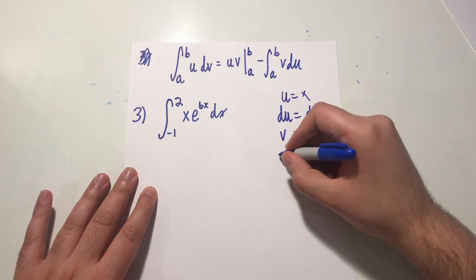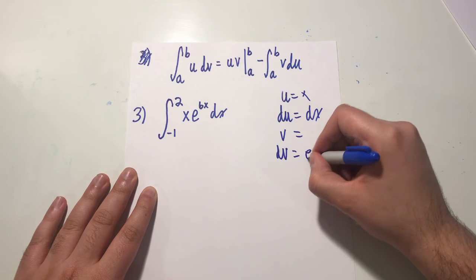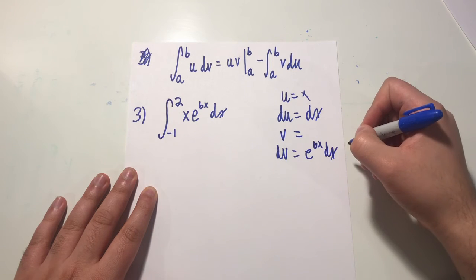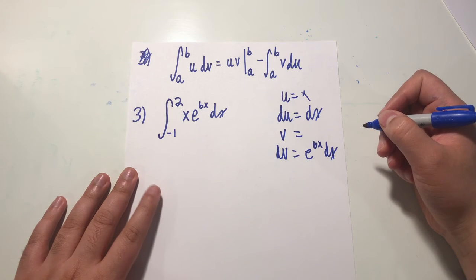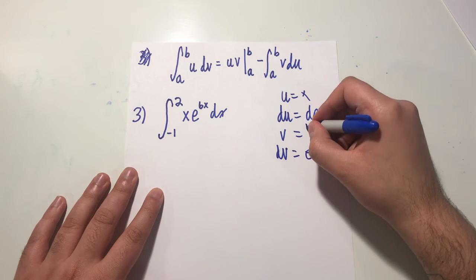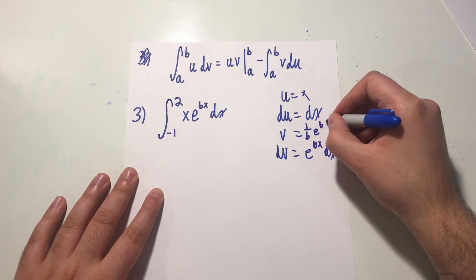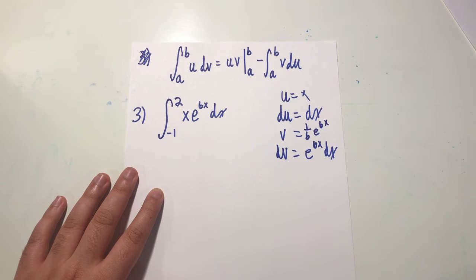And now let's find our v and our dv. Our dv is going to be equal to e to the 6x dx. And that would make our v 1 over 6 e to the 6x.